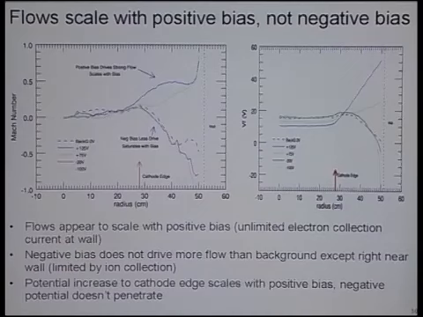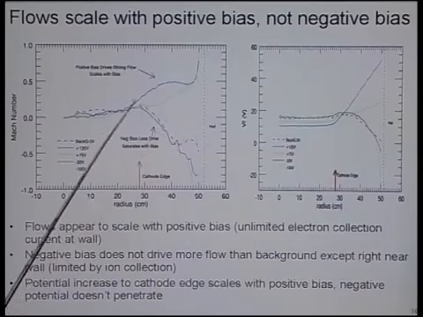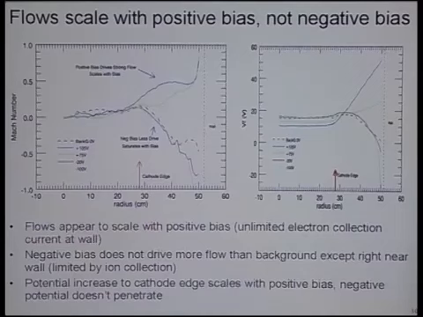Now we also tried biasing negatively. A negative voltage on the walls would tend to collect ions predominantly, but what we're seeing is that it's limited by the ion collection. So the LAPD becomes a giant Langmuir probe, hits ISAT levels and can't really draw any more ion current, so biasing negatively basically doesn't have any effect.